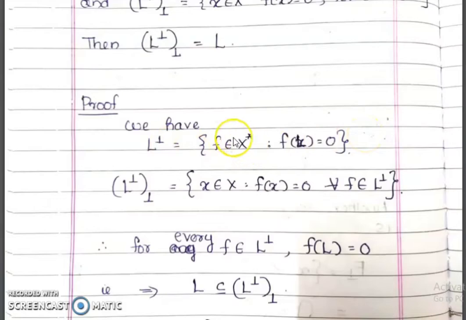Therefore, if you take any x belongs to L, for every f belongs to L perp, f(x) equal to 0. Therefore, clearly L is a subset of L perp. Hope it is clear.